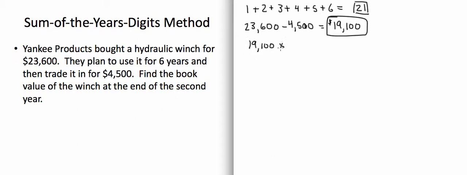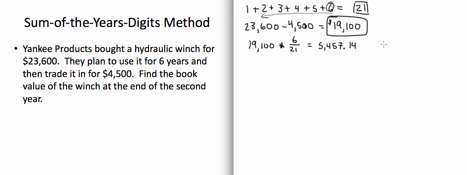So now we're going to start off with this 19,100. We're going to multiply it by 6 divided by 21, because we work backwards this way. So we take 6 as the first year, divide it by 21, and that's going to give us a value of 5,457.14.